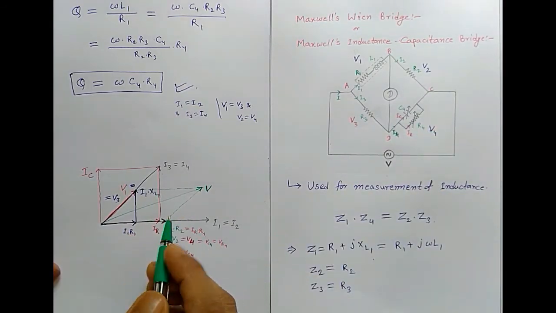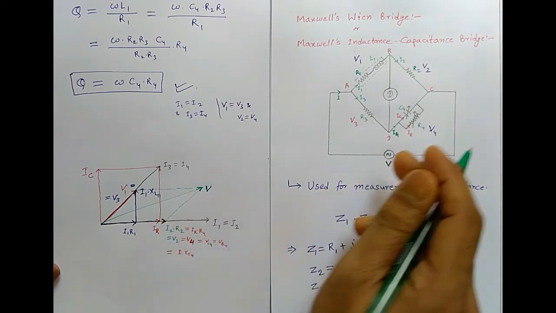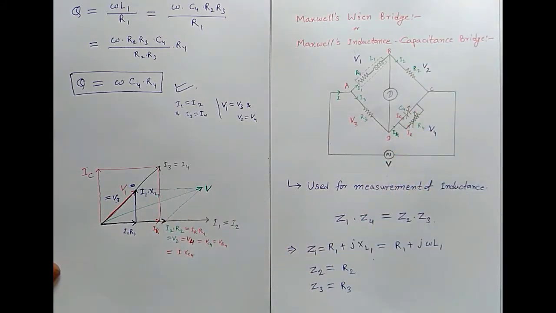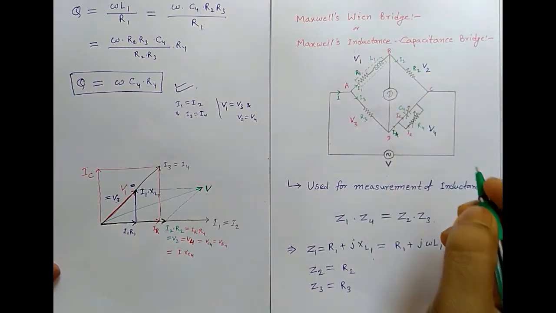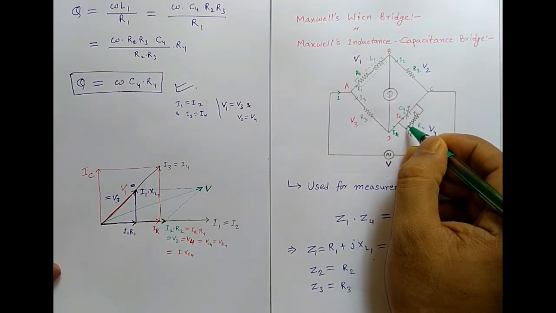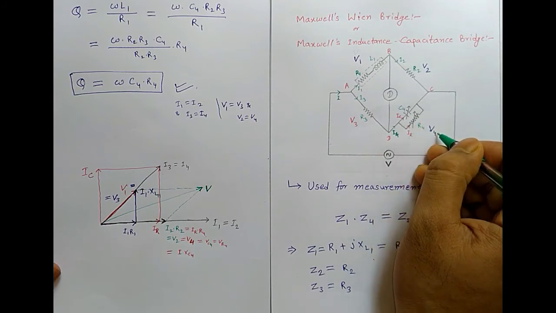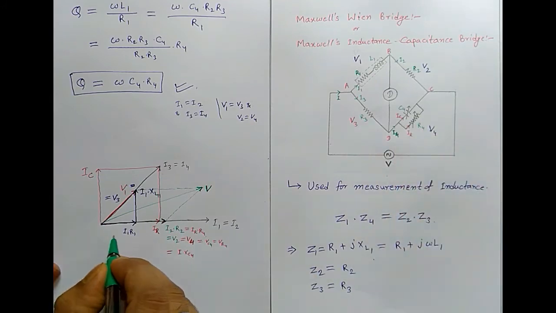So this same point indicates all these voltages. Now if we know the voltage across this arm, then the direction of the current IR will be on the same line as the direction of V4. So let us assume that this is the direction of IR.